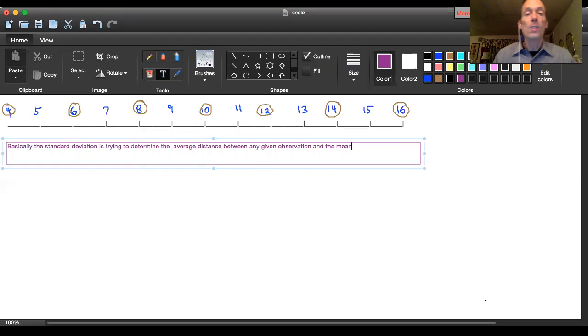If we know that, let's take a minute and think about what happens if the standard deviation goes up or the standard deviation goes down. What does that mean insofar as what's actually happening inside of our data set?